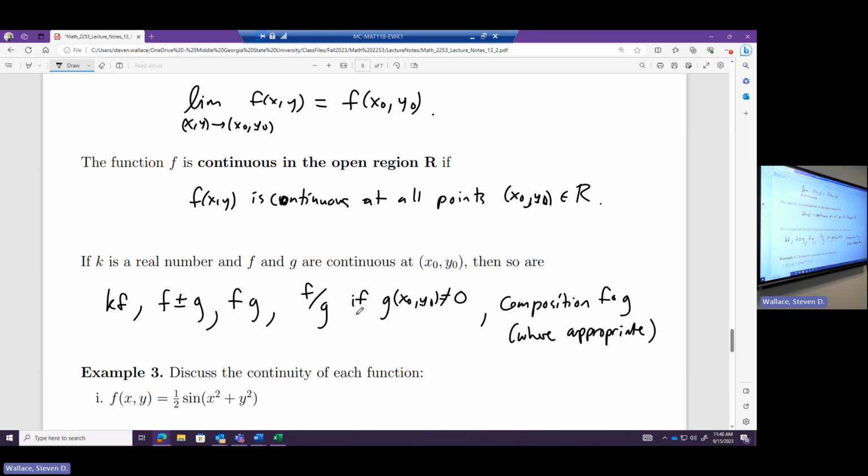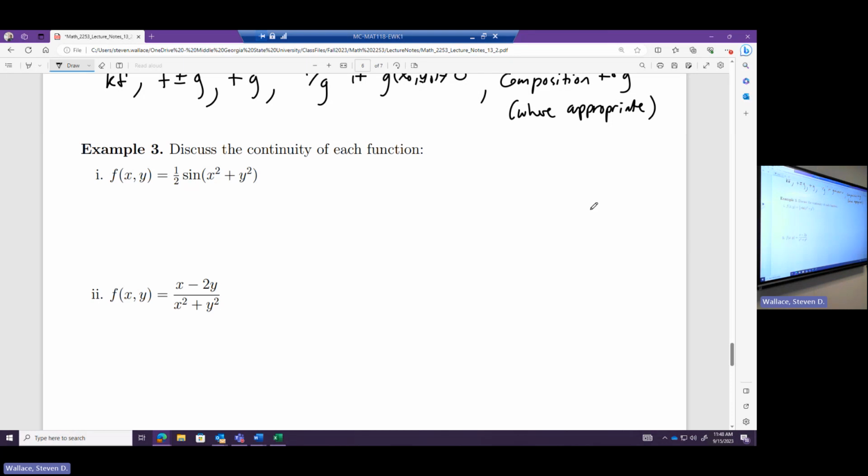But basically, if you have continuous functions, you can do arithmetic on them and remain continuous, which means that this function here is continuous on all of R2 because it is the composition of the polynomial x squared plus y squared, which is definitely continuous for all x, y. And sine of such a thing is continuous, smooth. Multiplied by k is 1/2. It doesn't change anything. Anyway, this is continuous everywhere, right?